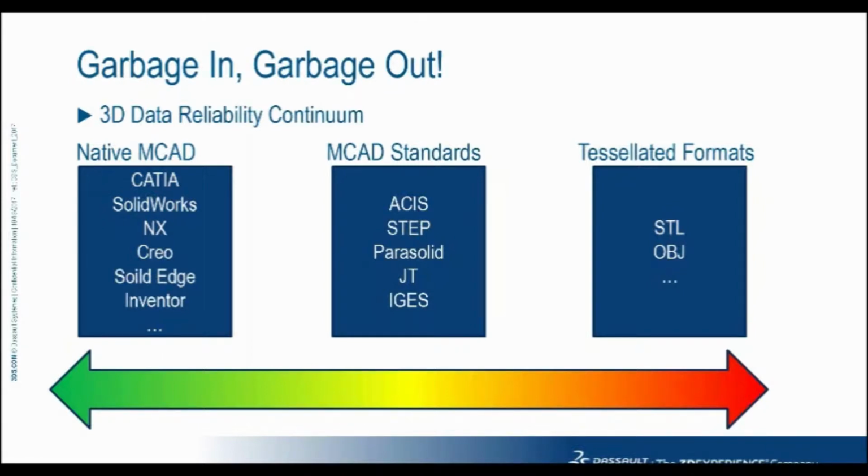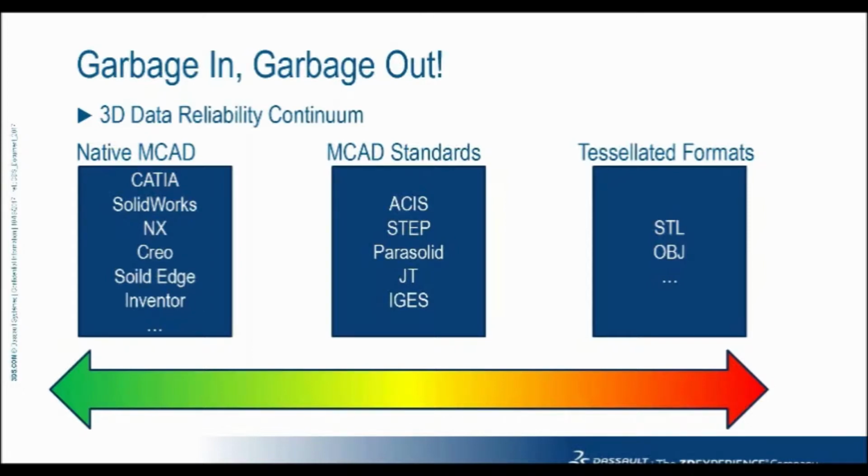And then the last is the tessellated formats. These are known as STL, which is the most commonly used in the additive manufacturing market. There are others, and they're all just based on triangles that are connected to represent the outside of a part. STL is really not as good in terms of its ability to communicate 3D data as these more precise formats, what we call MCAD formats.